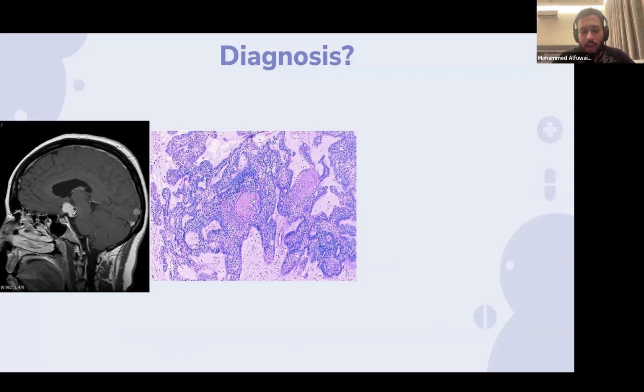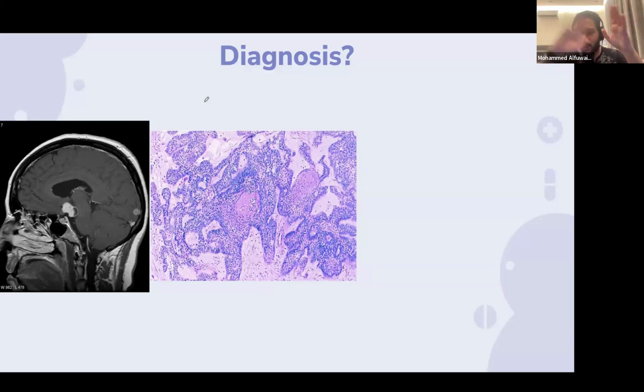Good. Now, craniopharyngioma is a tumor of what? Where is it coming from, this tumor? Rathke's pouch. Good.